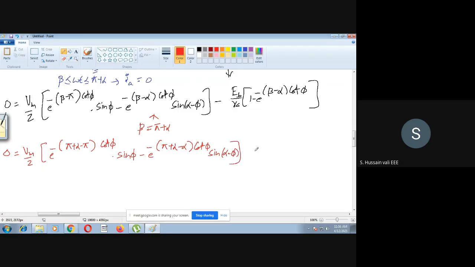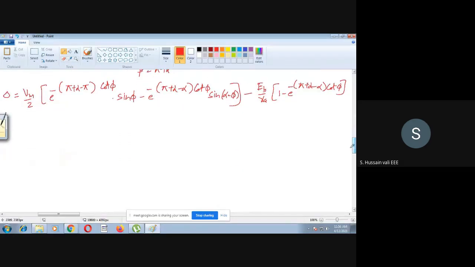Wherever you find beta, there you substitute pi plus alpha. Minus EB by RA into 1 minus e power minus pi plus alpha minus alpha into cot pi. Okay, this expression we got. Then further we simplify. So here pi minus pi will get cancelled.